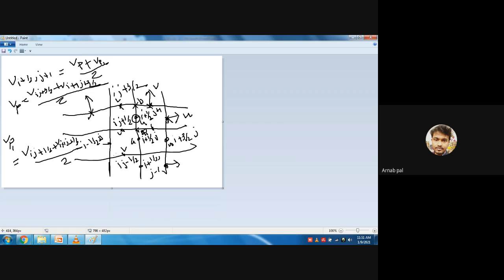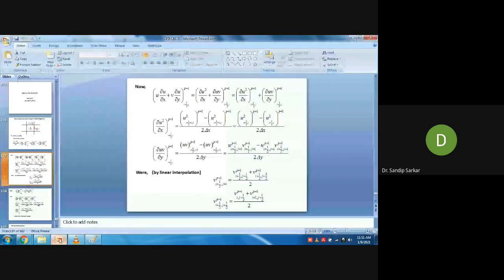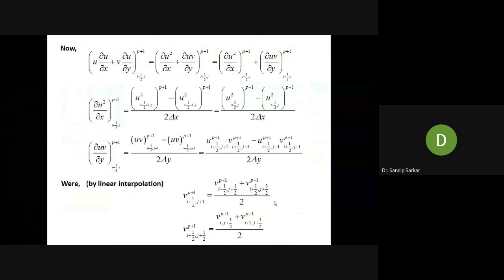Since it is clear now, I have written a similar thing. I have done only one linear interpolation, that is v i plus half j plus 1 point, equal to v i plus half j plus half plus v i plus half j plus 3 by 2, by 2, and v i plus half j plus half equal to v i j plus half plus v i plus 1 j plus half, by 2.